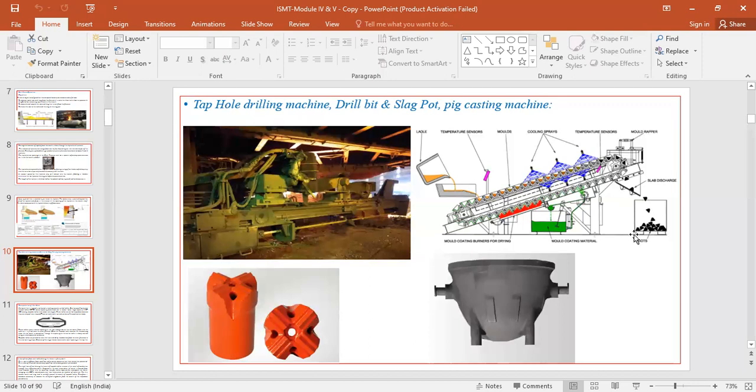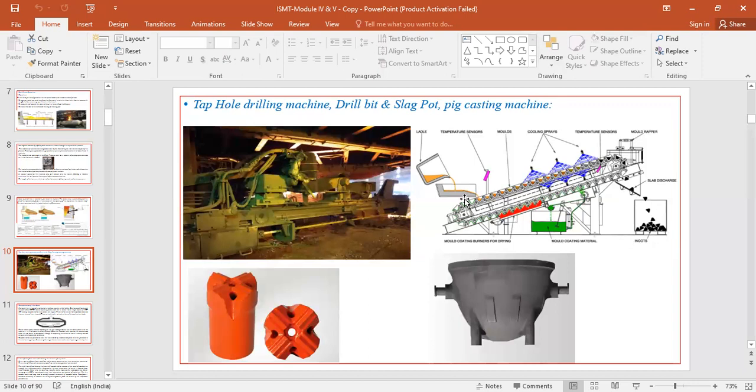These ingots or pigs are preserved in solid form in the yard, and whenever necessary, you can reuse these solid ingots in the steel melting area to produce steel.